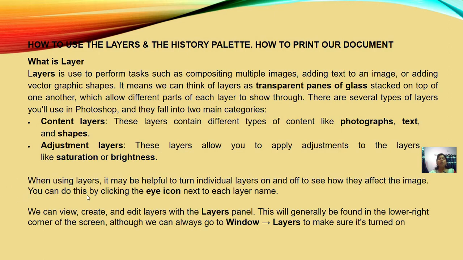We can do this by clicking the eye icon next to each layer name, and we can view, create and edit the layers with the layers panel, which is generally found in the lower right corner of the screen. To open it from your menu, click Window and click Layers to make sure it is turned on.